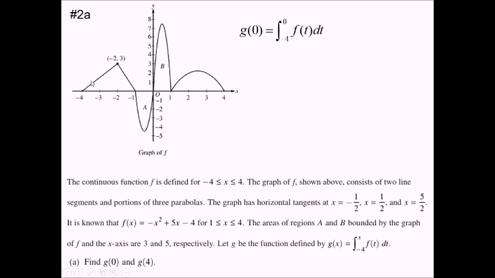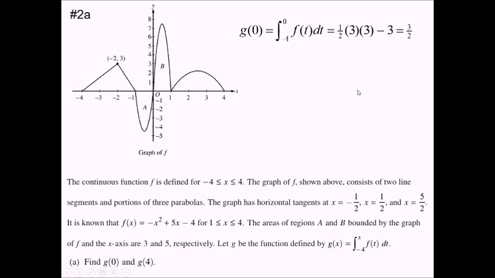So that's going to be 1/2 times a base of 3 times a height of, actually this is also 3. And then this A area here, well, they told us that the area of A was 3. And this is below the x-axis, so this is actually a -3 that we're incorporating here. So we've got, let's see here, 9 over 2 minus 3, so 9 over 2 minus 6 over 2 is going to give us 3 over 2. So that's g of 0.